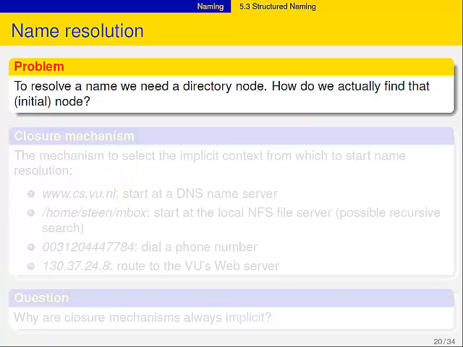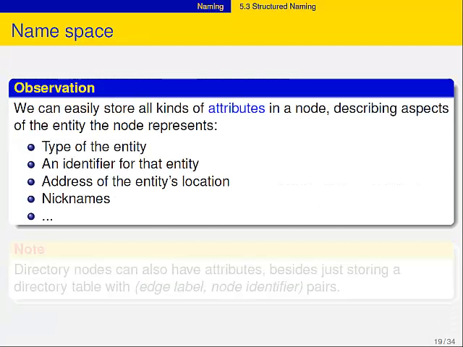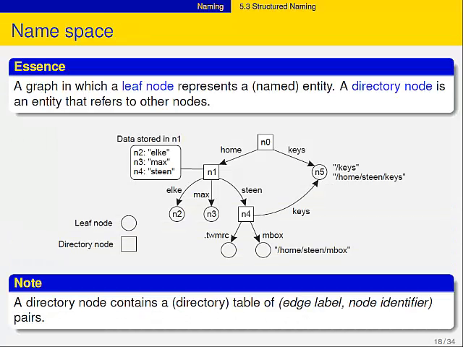Now, let's start resolving names, because that's actually the more interesting thing. So, here comes a tricky one. To resolve a name, you need a directory node. And I can go over here. If you want to resolve this name, you start over here, you do this, that.